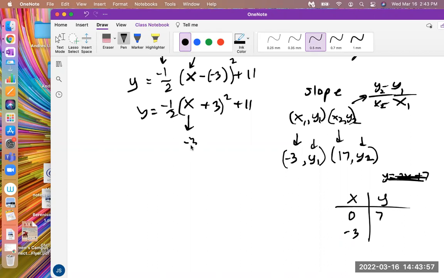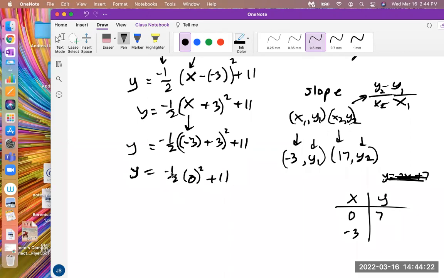Anytime you're substituting something in, it's a good idea to put it in parentheses. -3 plus 3 is 0. That's dandy, right? I like that because I don't have to square any big numbers.